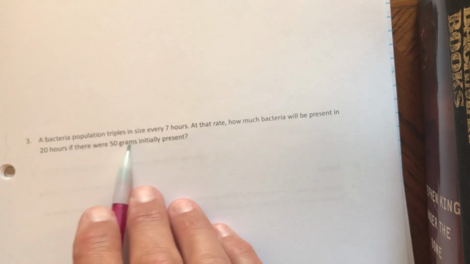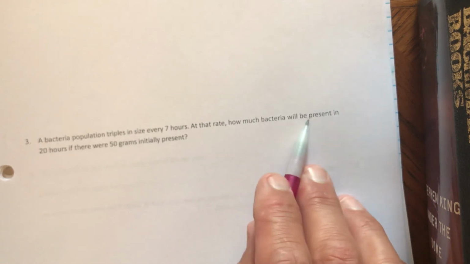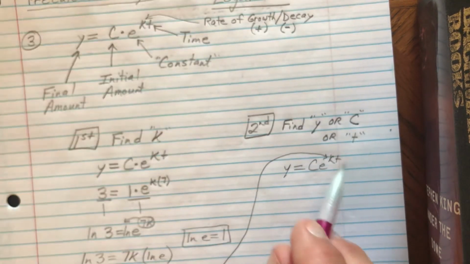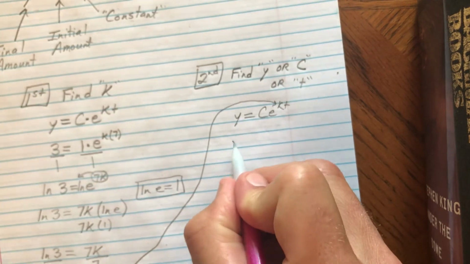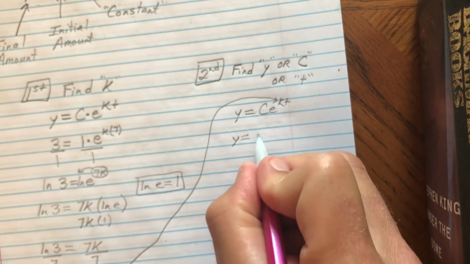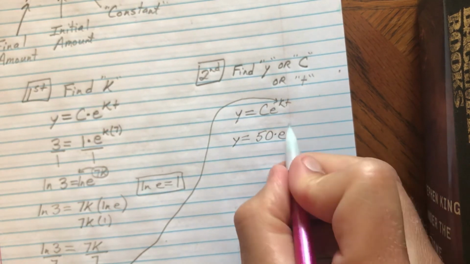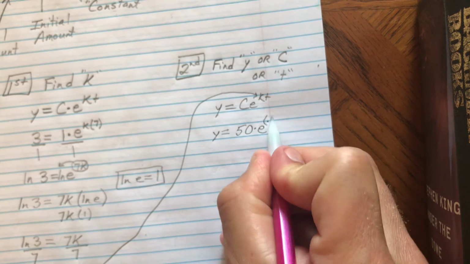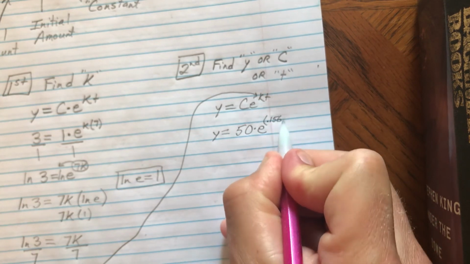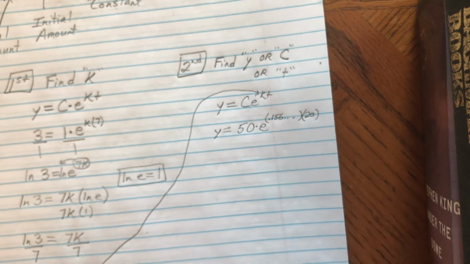Well, if there's 50 grams initially present, that's C. The time, of course, is 20. They're asking us for a future amount, Y. So Y is missing. C was 50. E is always there. This K is 0.156, and so on. And T is 20 hours.